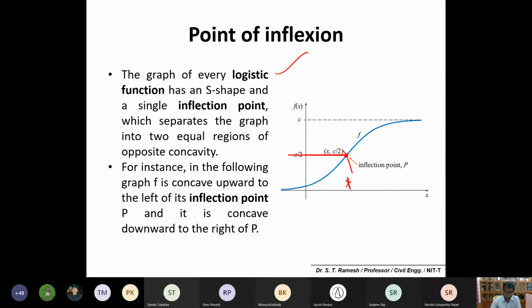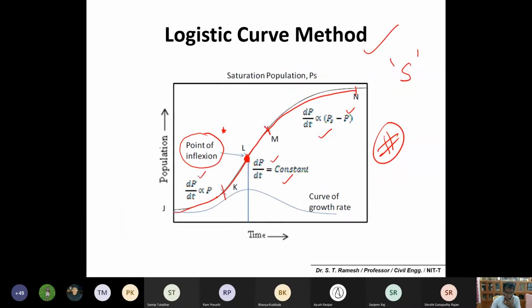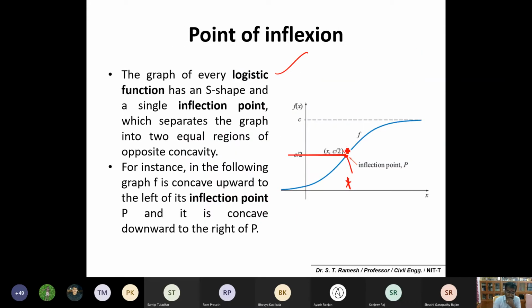So you are in a position to mark the point of inflection: the middle point which divides the S-shaped or population curve into two equal regions of opposite concavity, one convex and another concave.